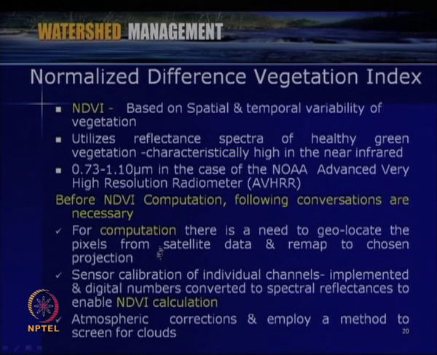So, using a specific formula we can get the NDVI, and then that can be used in the analysis. Then atmospheric corrections we have to do and employ a method to screen for clouds. So, the cloud effect will be there, and that also we have to consider, since this methodology is based upon the satellite data.